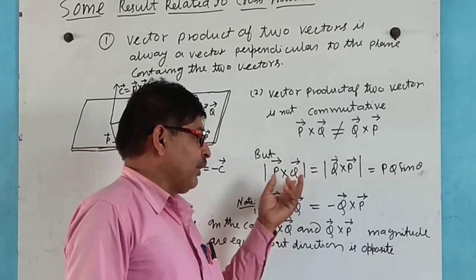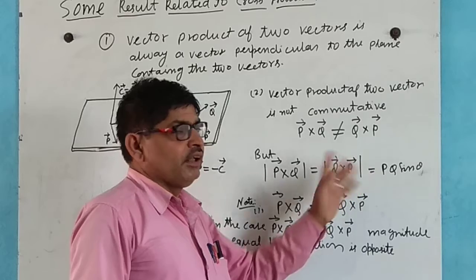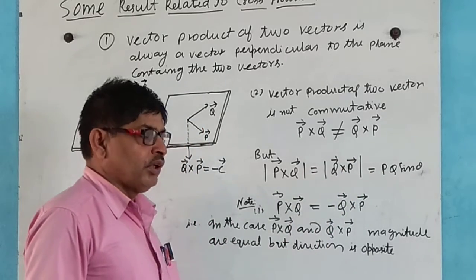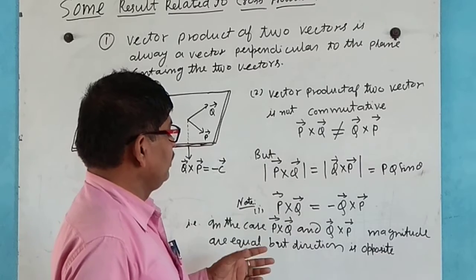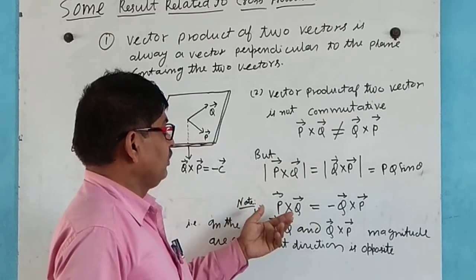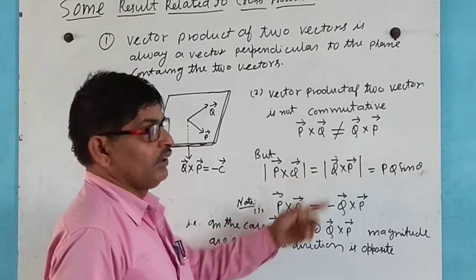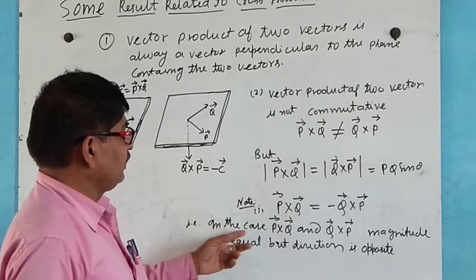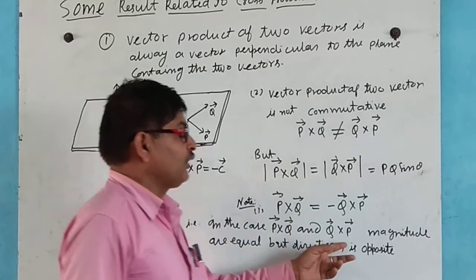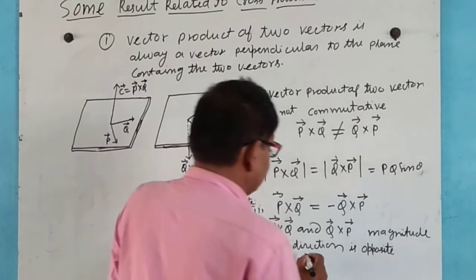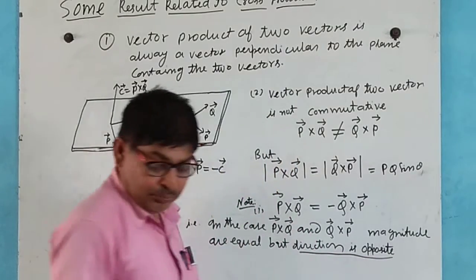Now the magnitudes are equal, but if you consider the directions, the direction of P cross Q and Q cross P are opposite to each other. In this case, the magnitudes are equal, but the direction is opposite.